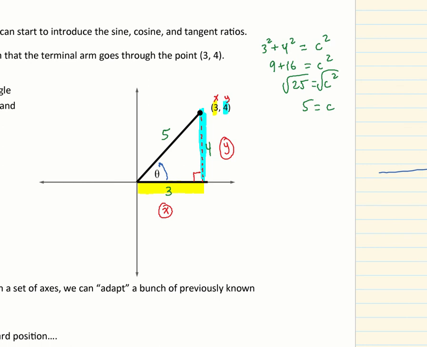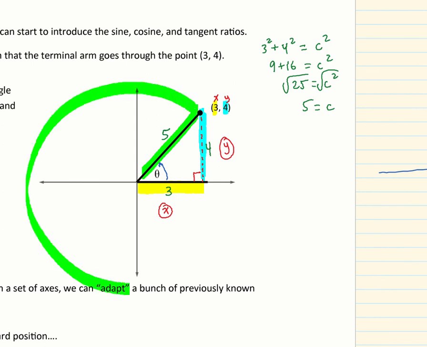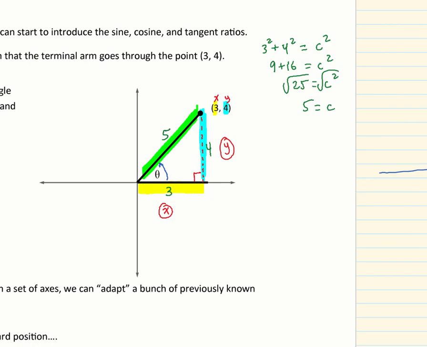We can imagine this terminal arm, if we were to spin it around, creating a big circle that goes all the way around, and the radius of that circle would just be the length of that side. So the radius of this circle would be 5. For that reason, we can call this hypotenuse side the radius, because we're imagining it as being part of a big circle.